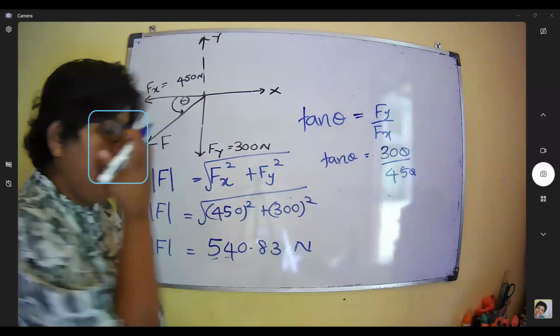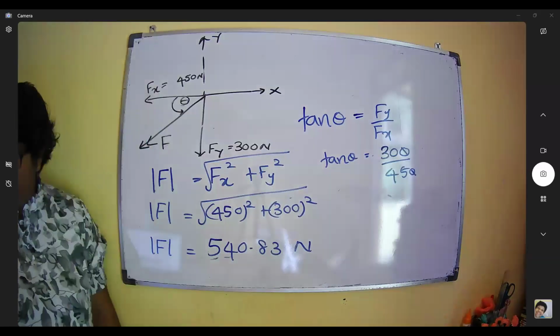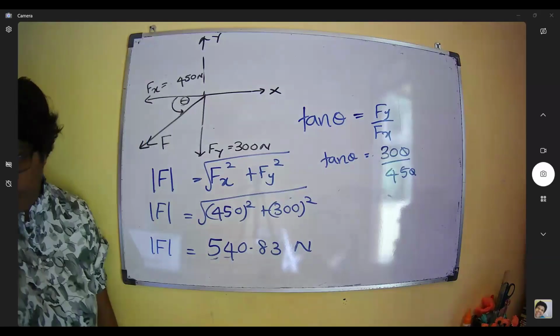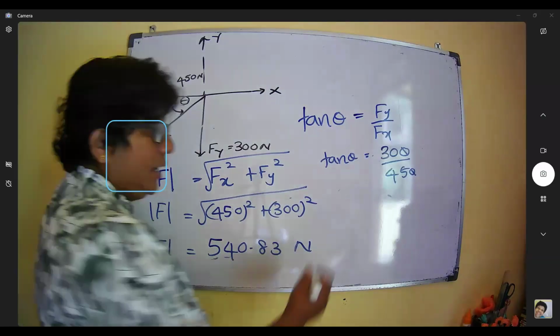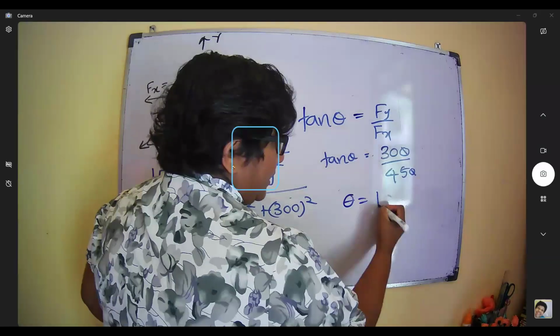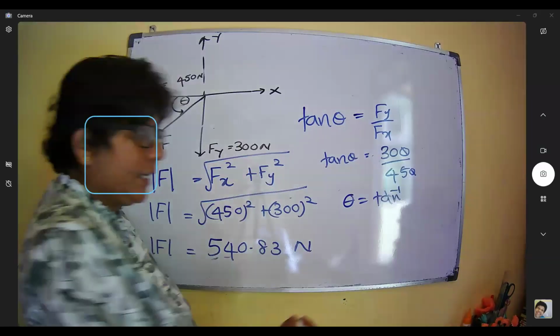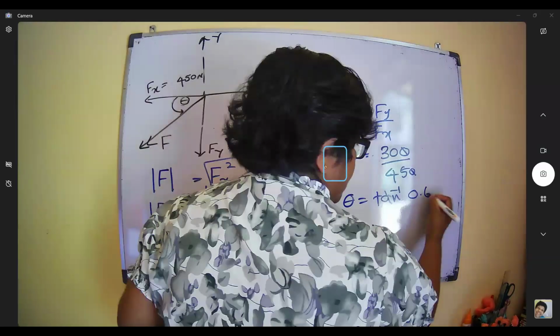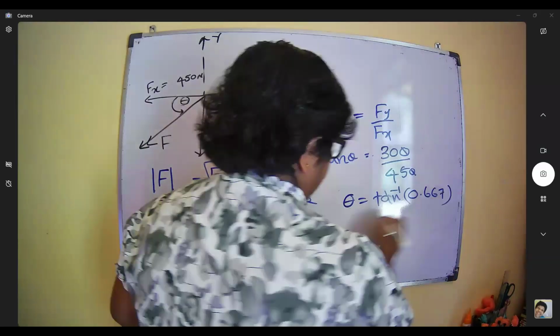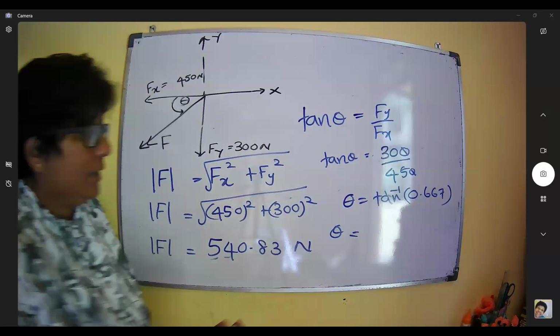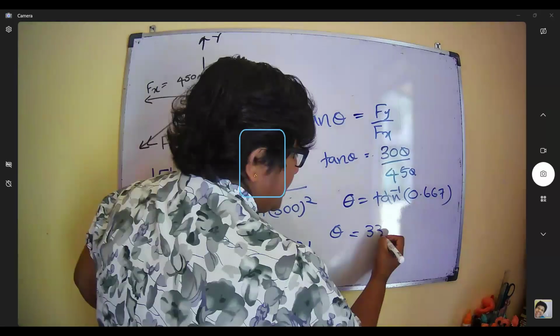Sorry, right? 300 is the y-axis. Fy over Fx is tan theta. So tan theta equals 300 Newton divided by 450 Newton. You can take theta equal to tan inverse, and use the calculator to find 0.667. Then the angle theta is equal to 33.7.